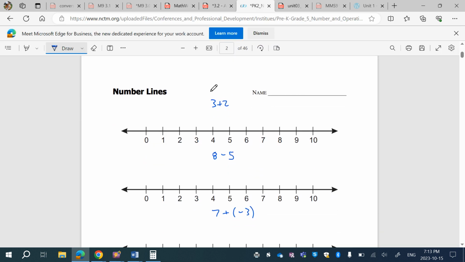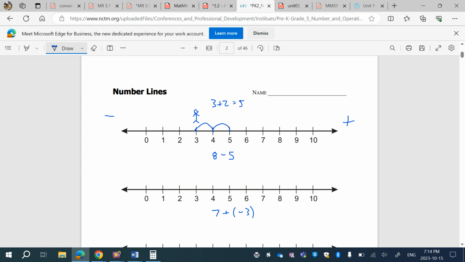So if we're adding a positive number, if we're at 3, you could think about a little person if you like. I don't know if that's helpful, but if you're adding, you look towards the positive and the number is positive, so you're going to walk forward. So they walk forward 2 and they end up at 5.